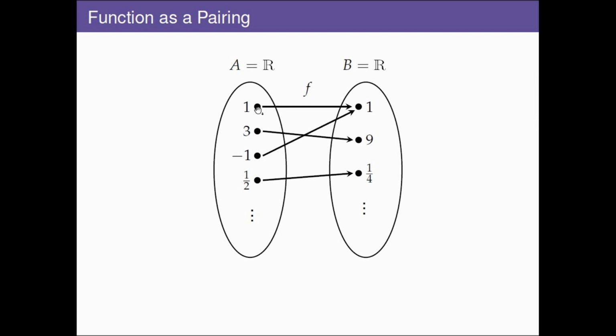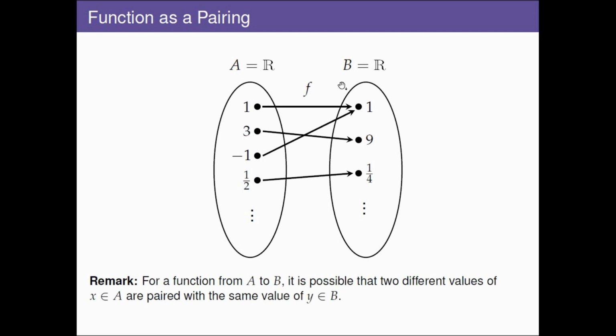Notice that 1 and negative 1 are paired with the same element of the set B. And it is possible for a function that two different values of x are paired with the same value of y.